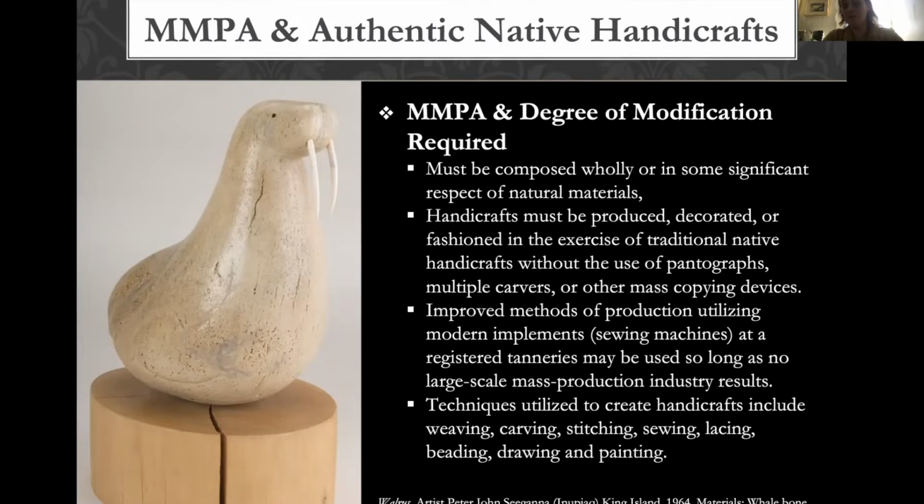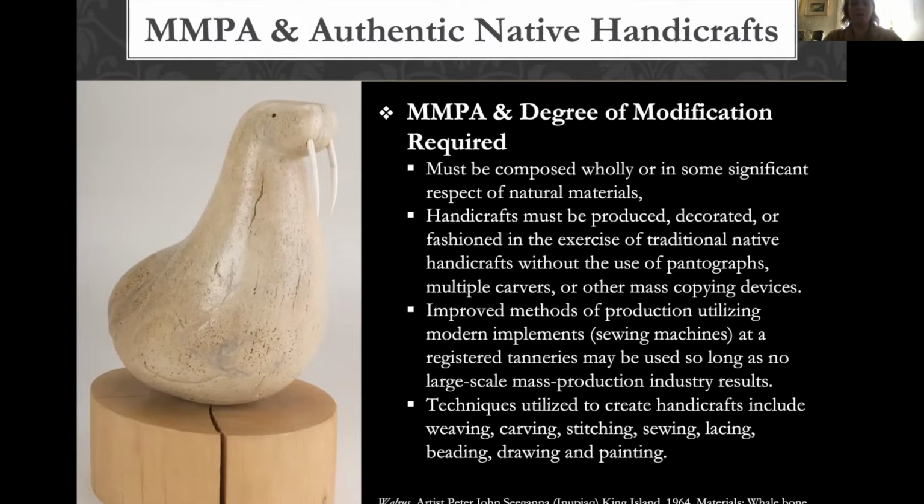So you can go to a tannery for hides and such to process them through tanning, but in general, it has to be done by the artist traditionally, individually. They don't really limit the techniques, though. You can have everything from weaving, carving, stitching, sewing, lacing, beading, drawing, painting, a variety of different things.